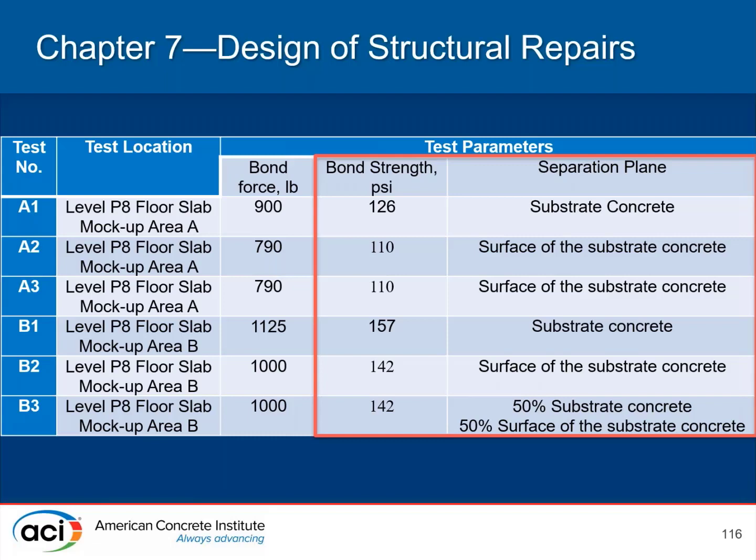But that needs to be used in conjunction with on-site conditions as well. You can see here that during this mock-up, bond strengths were over 100 psi and ranging up to 157 psi.